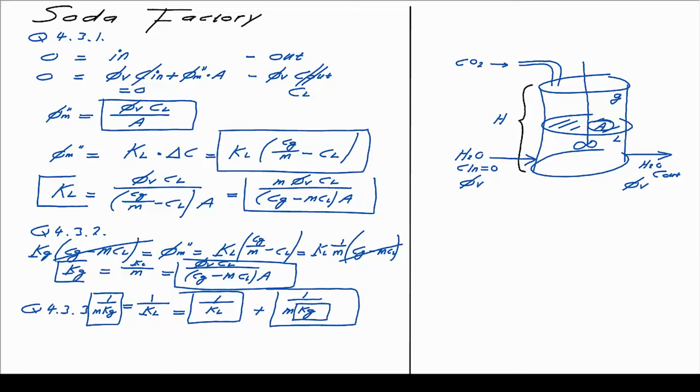So in this case we have the first case I talked about, and this leads to capital KL is equal to small kl, and vice versa. So small kl, well, we already had the expression for capital KL, so small kl is also m times phi v times Cl divided by Cg minus mCl times A. So we have our final answer.